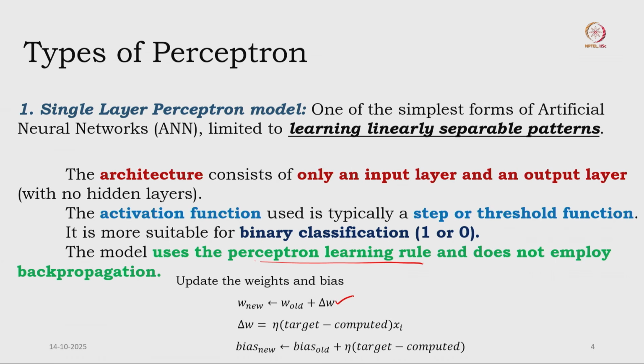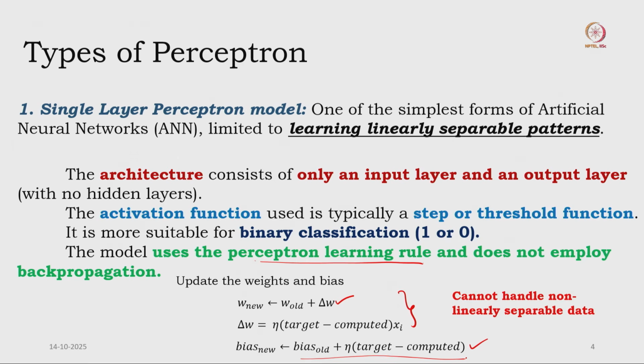So delta W is given by the learning rate multiplied by the target minus computed, and then multiplied with its associated input, and this is added to the old weight to get the new weight. This is the formula used to update the weight. Likewise we will also be updating the bias, and the formula used to update the bias is this.